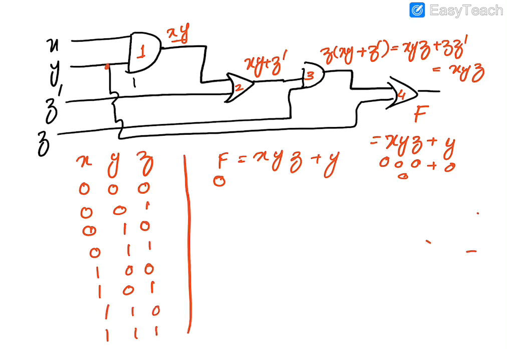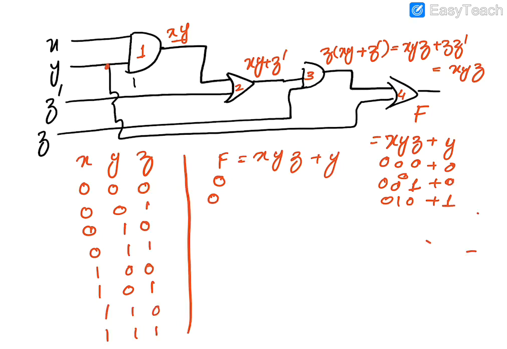So when x, y is 0, 0 with z equal to 1 and y is 0, we have again 0. Again AND of 0, 1, 0 is 0 and plus y is equal to 1.